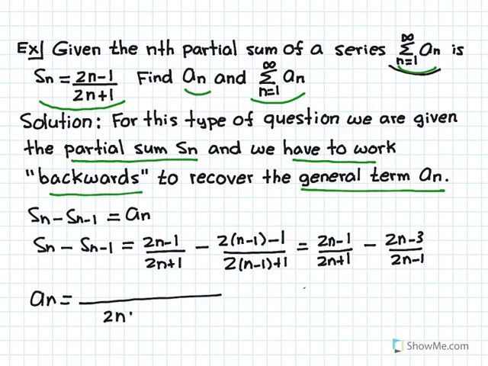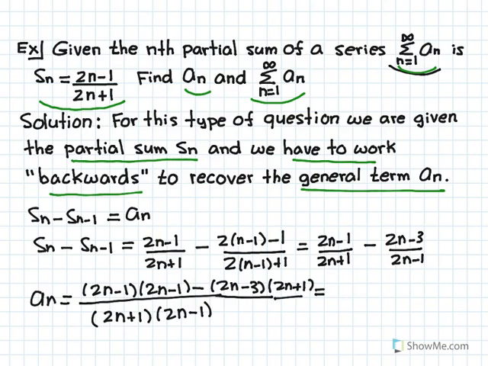We get (2n plus 1) times (2n minus 1) as a common denominator. 2n plus 1 goes into this common denominator 2n minus 1 times, so we get (2n minus 1) times (2n minus 1), minus, and 2n minus 1 goes into the common denominator 2n plus 1 times, so we get (2n minus 3) times (2n plus 1).